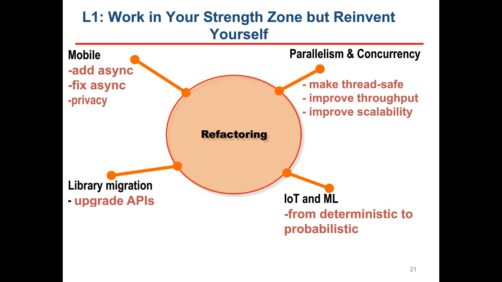In this new paradigm, we see a lot more software and a lot more emphasis on using machine learning and other forms of probabilistic computing to augment, work hand in hand, and then eventually replace some of the deterministic computing. So from a refactoring perspective, the question is how can we refactor existing programs that use deterministic algorithms to use more probabilistic computation, more machine learning, and continuously learn. So this is yet another area.